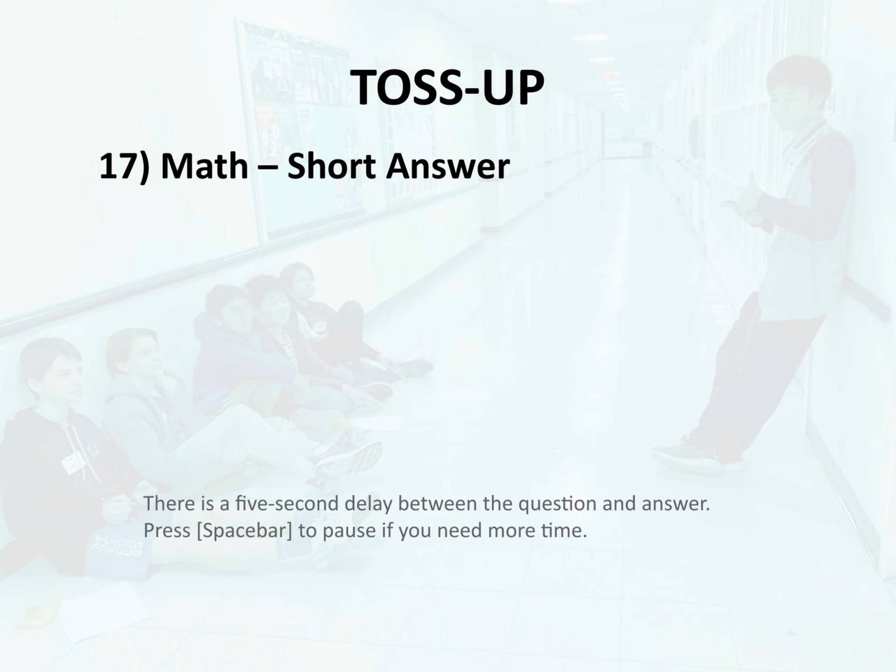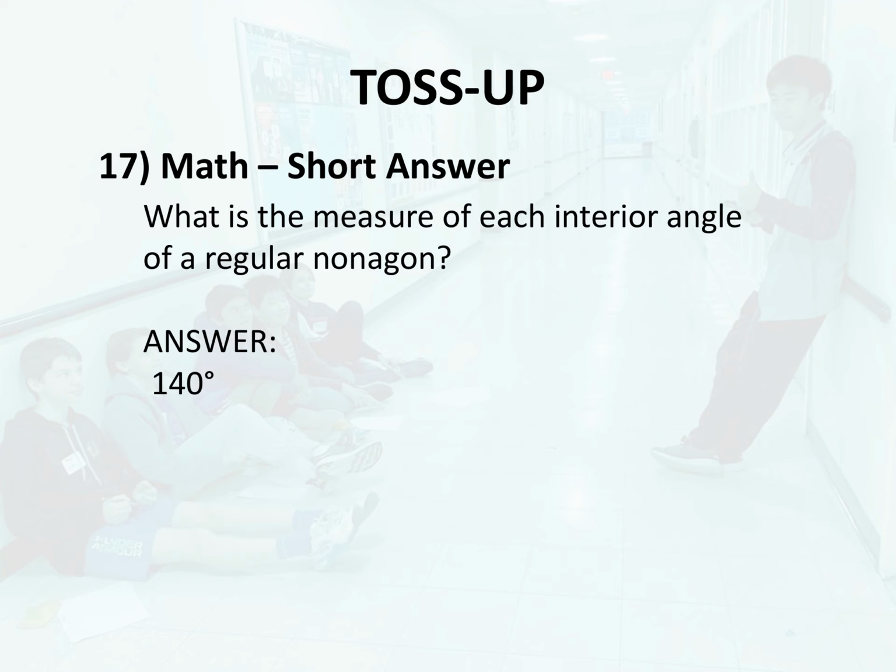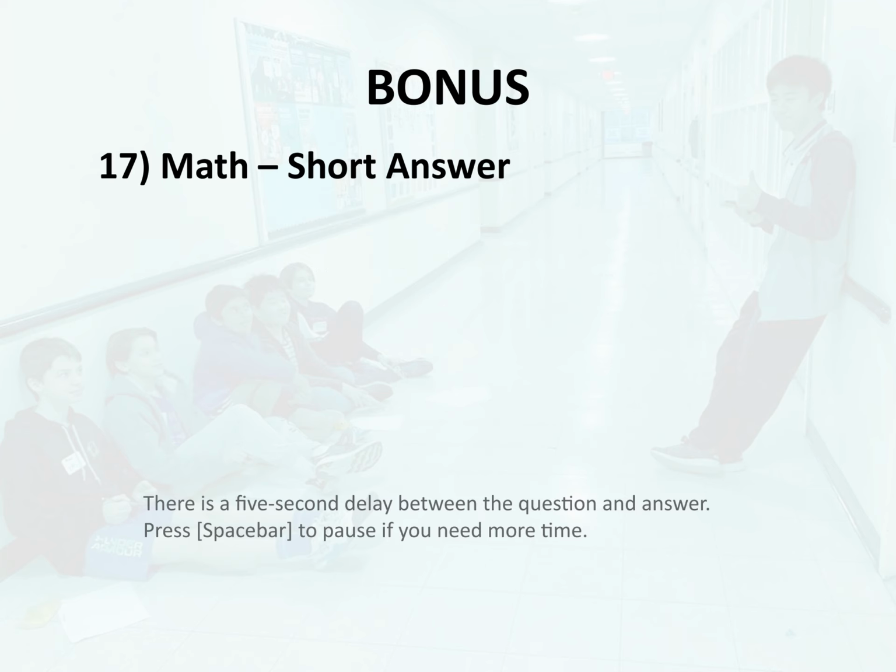Toss-up 17. Math, short answer. What is the measure of each interior angle of a regular nonagon? Answer, 140 degrees. Bonus 17.